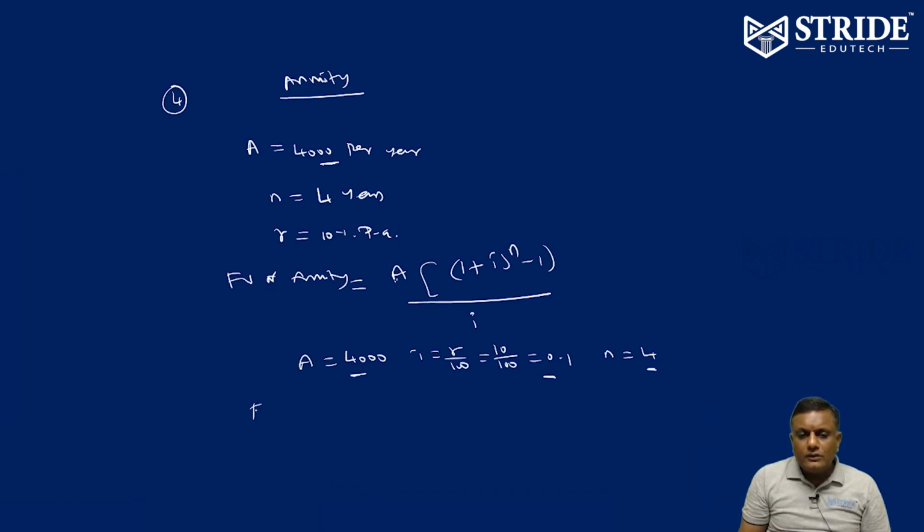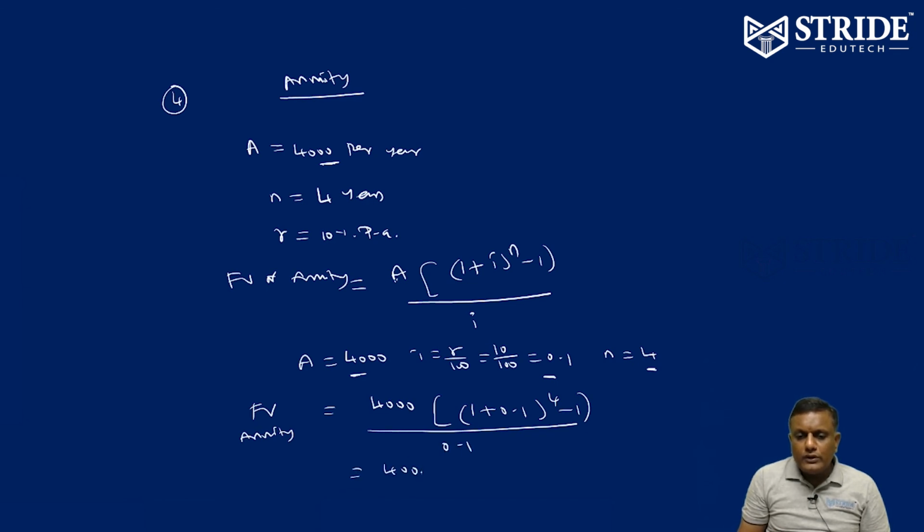Substituting here, the future value of annuity is equal to 4,000 into 1 plus 0.1 whole power 4 minus 1, by I, 0.1.